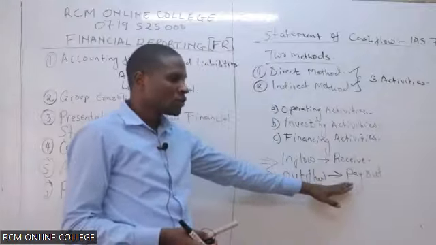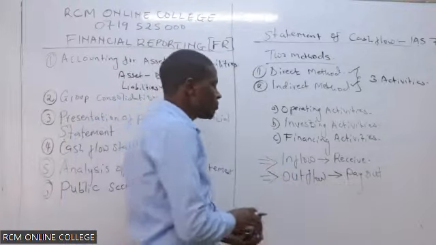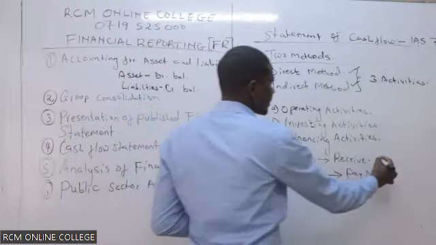An inflow is represented with a positive, we add, and an outflow is represented with a negative. For example, if the company receives money from debtors, that is an inflow and it leads to an increase in cash.